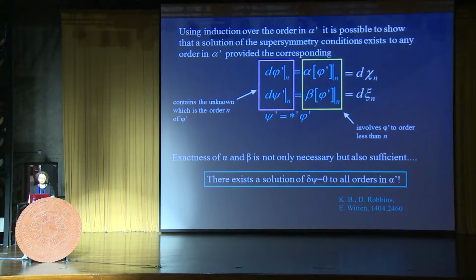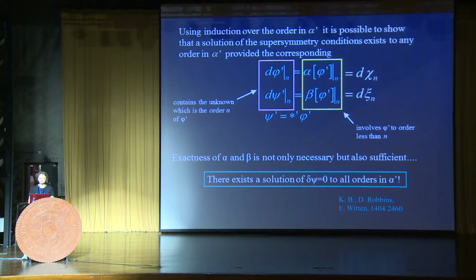Now I should emphasize the difference between the all orders in alpha prime argument and the argument to order alpha prime cubed. Nobody has given us the corrections to the Gravitino variation to an arbitrary order in alpha prime, so such a formula doesn't exist. It's too complicated.